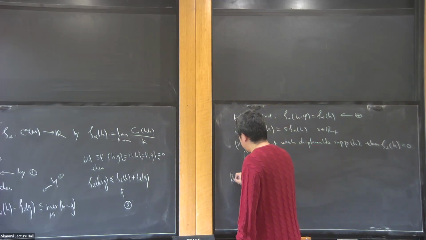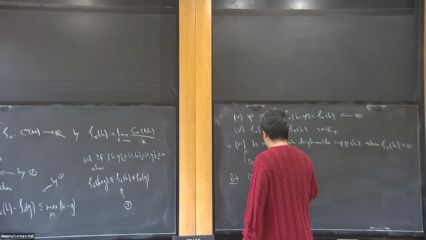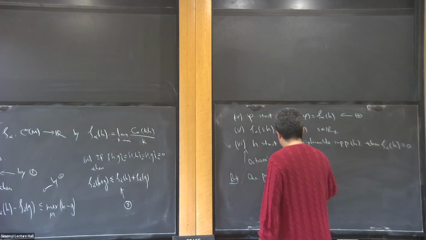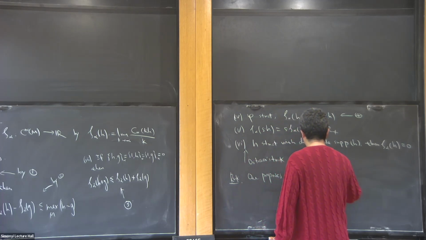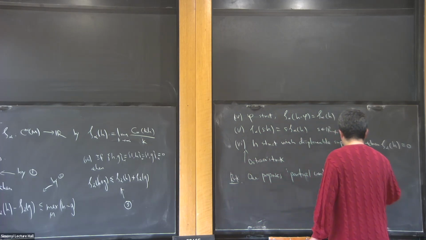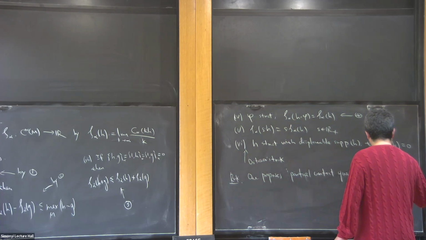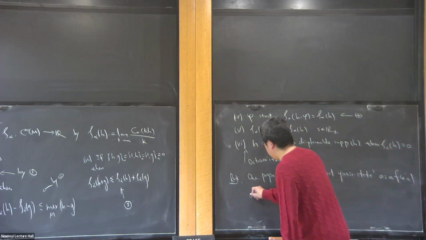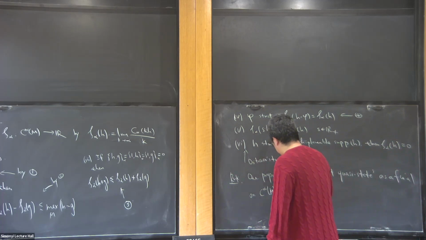And now I want to take the chance to propose something from partial contact quasi-states. So a function on the function space that satisfies 1 to 6.